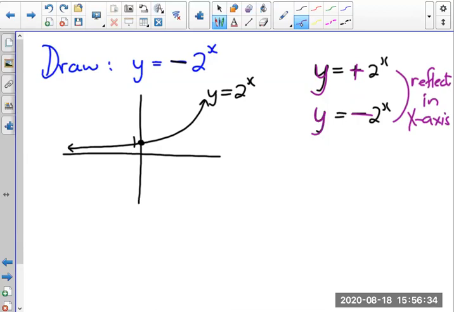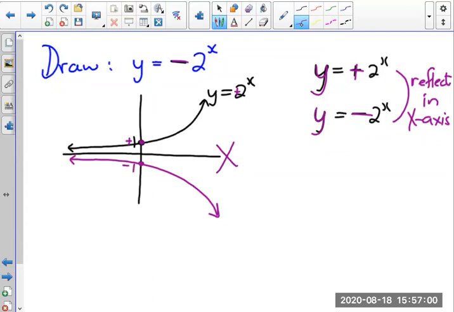So if I want to draw y equals minus 2 to the x, it's just the reflection of y equals plus 2 to the x in the x-axis. And what happens? It goes like that. My y values change sign. Now can you see that plus 1 now become a minus 1?